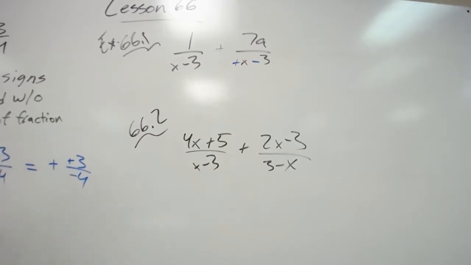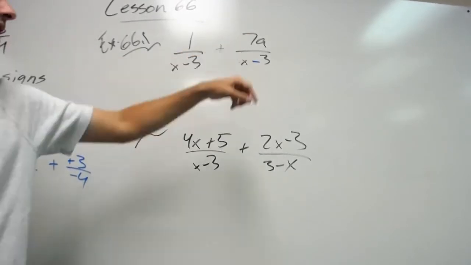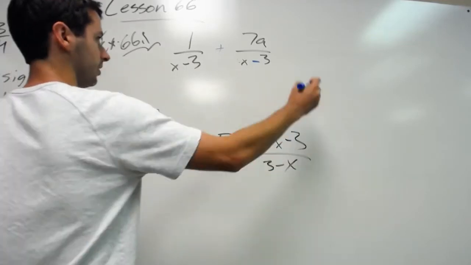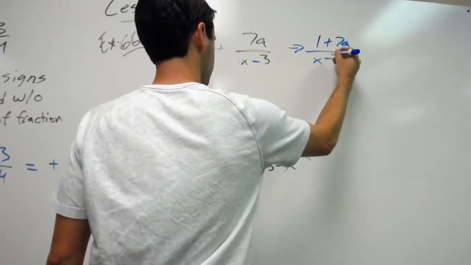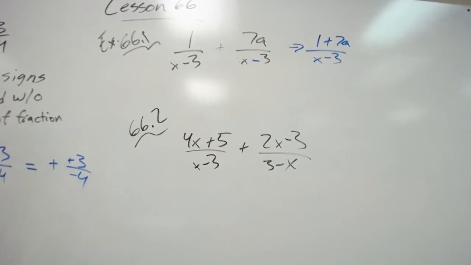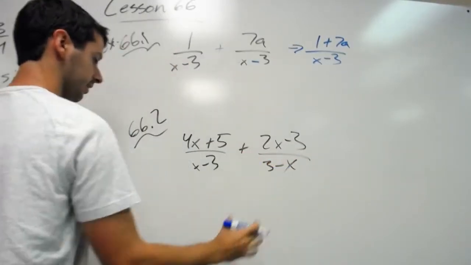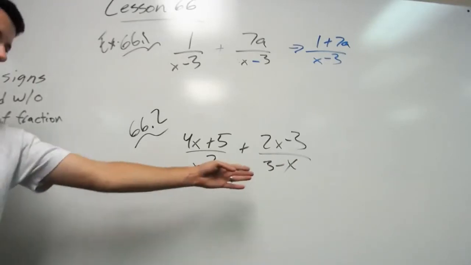Now we're left with 1 plus 7a over x minus 3. They have the same denominator, so simplified it'd be 1 plus 7a over x minus 3, and that'd be your simplified answer. You can change two of the three signs, and if you have a sum, an identity of its own, the third one changes automatically.